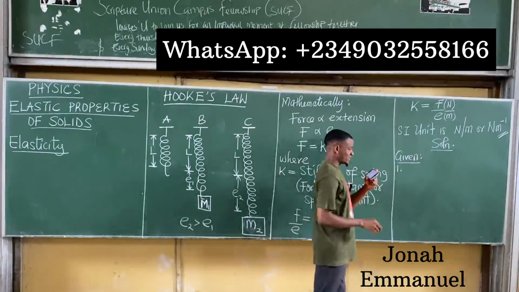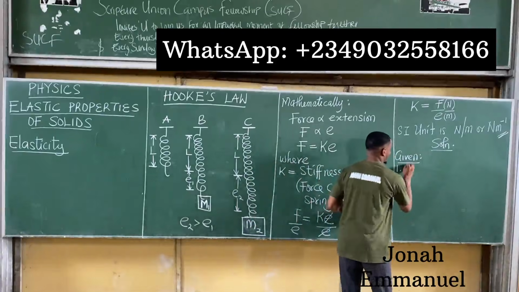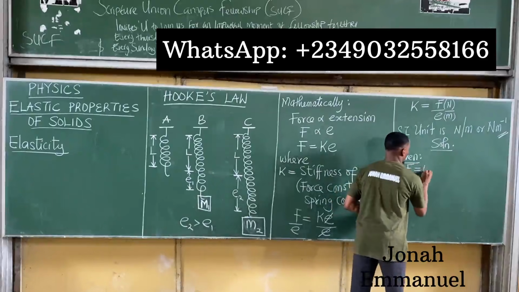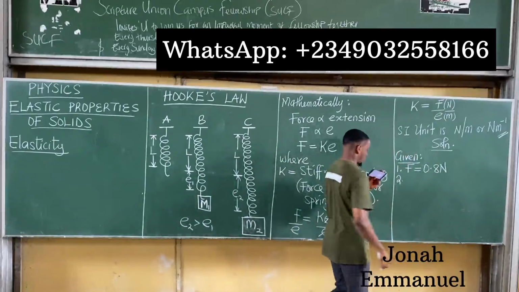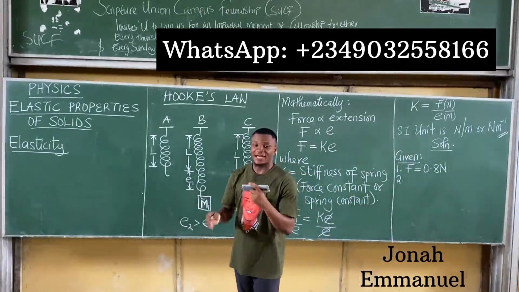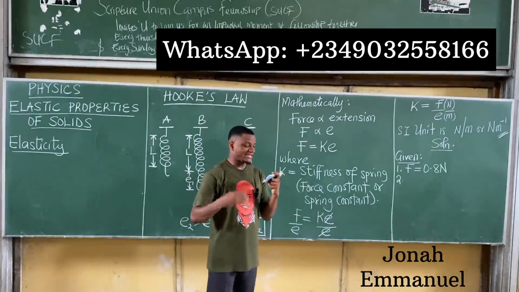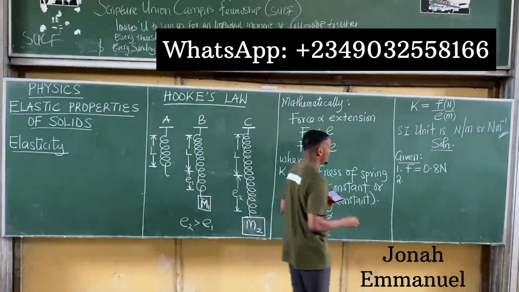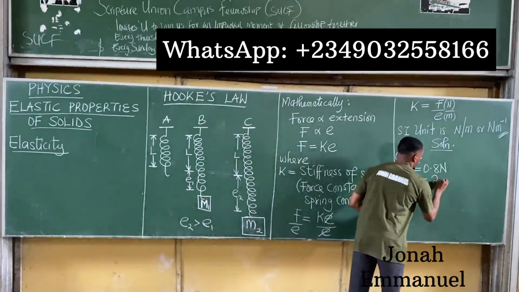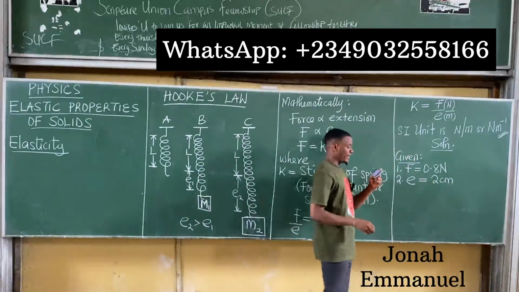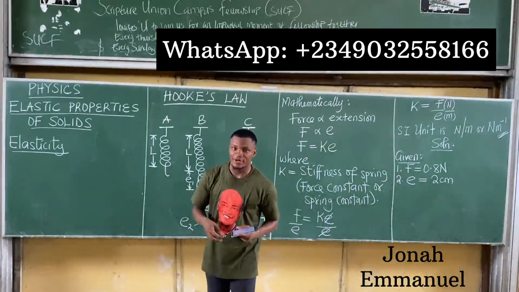The first thing I'm given there is force F is equal to 0.8 Newton. Number 2, they said it stretches an elastic spring by 2 cm. That means the extension is actually 2 cm.